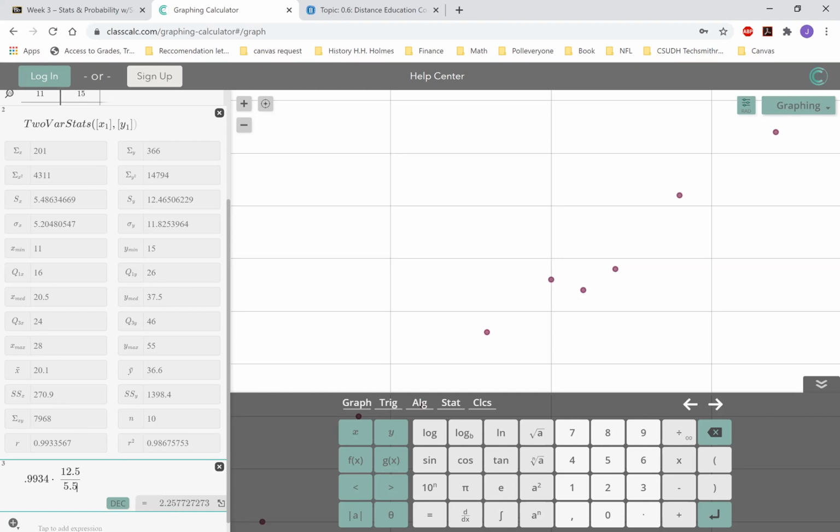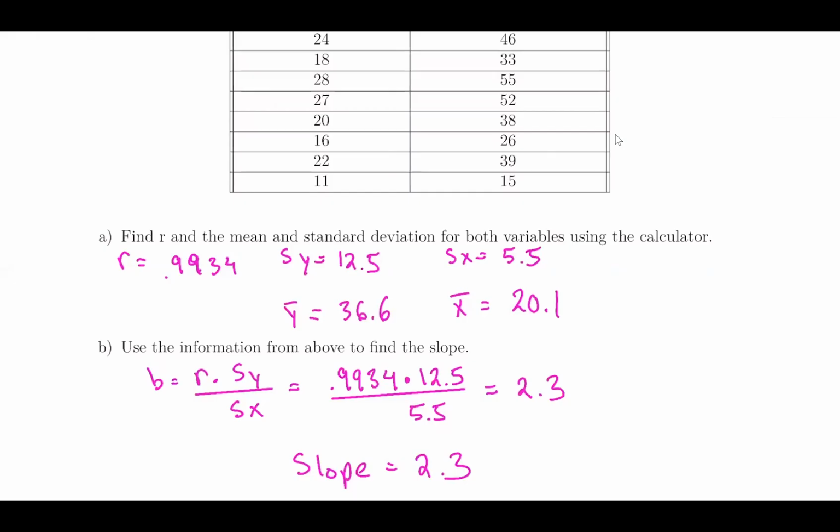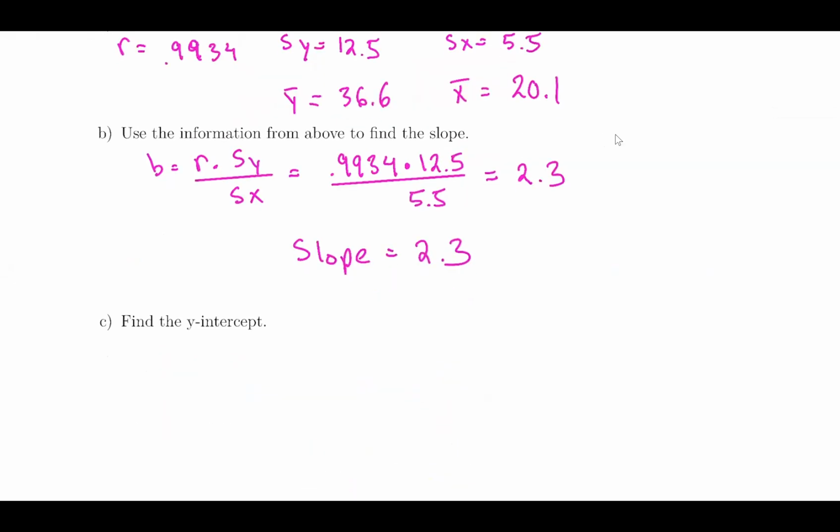All right, so I think we're gonna go ahead and do the y-intercept now. So let's go back to the notes. All right, so for the y-intercept, we say a is equal to y bar minus our slope times x bar.